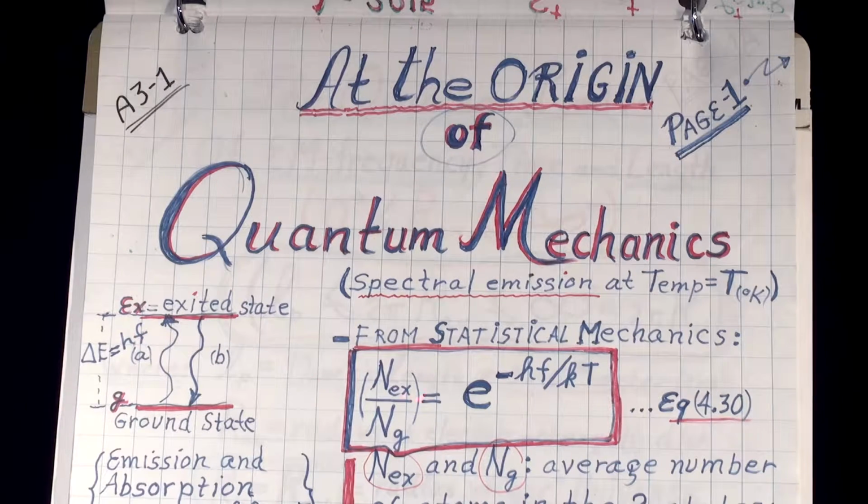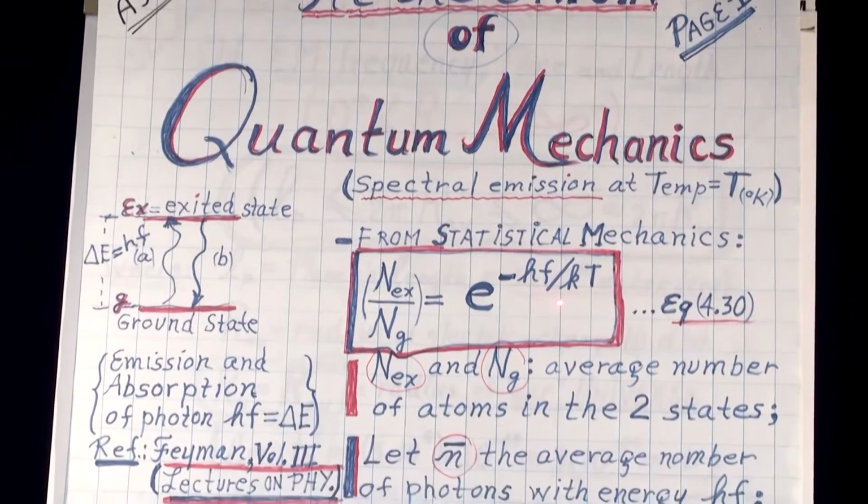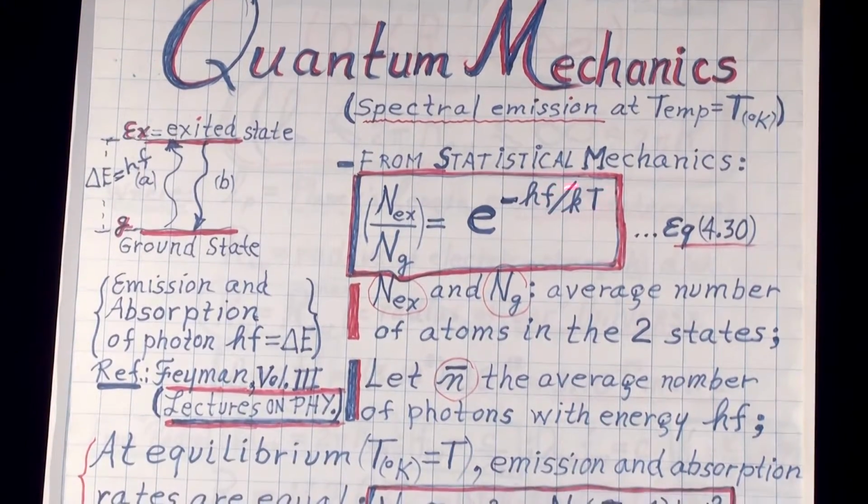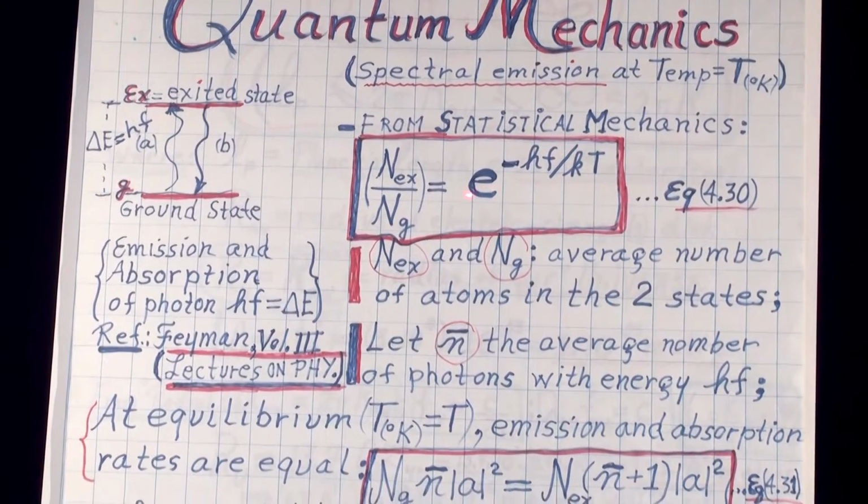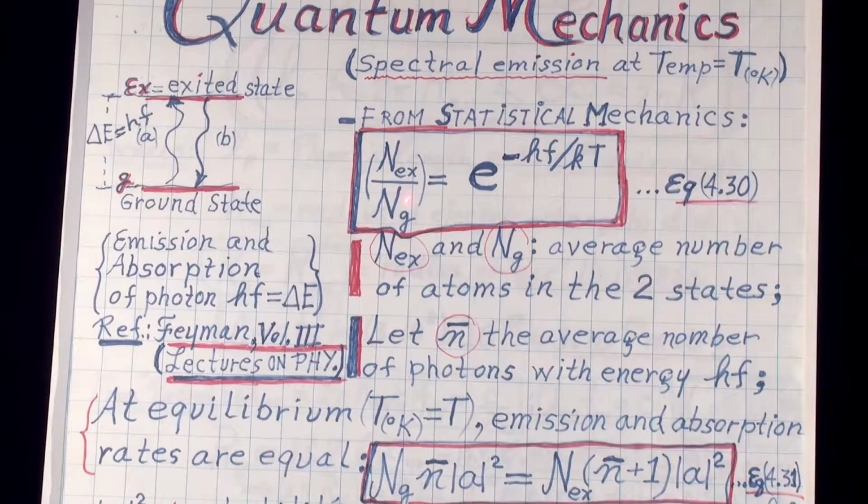But the number of electrons in the excited state over the number of electrons in the ground state, from statistical mechanics, is always given by e, which is the base of natural logarithm, 2.71828, to the power HF of the photon, the energy of the photon, divided by the thermal vibration energy. Okay, so this is from statistical physics.